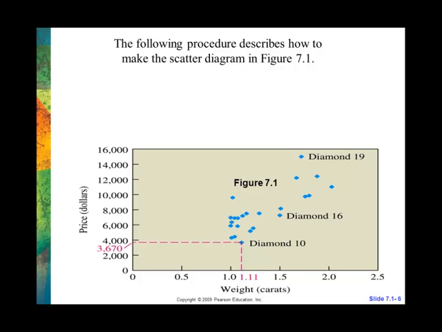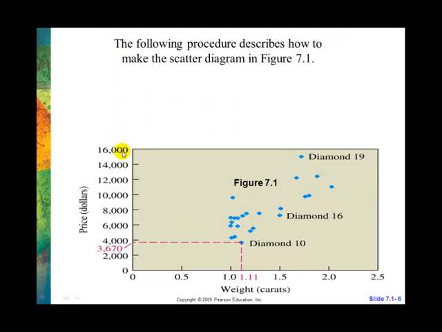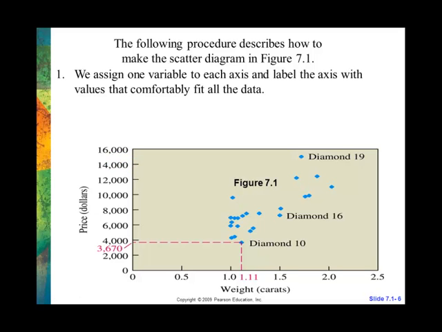Remember, we always start at 0, so there's no misrepresentation there. But we wanted to make sure that we had something bigger than 2, just because nothing went over it. And in price, the highest priced diamond was just under $15,000, so we chose a value just above that, to make sure that all the values fit in there.